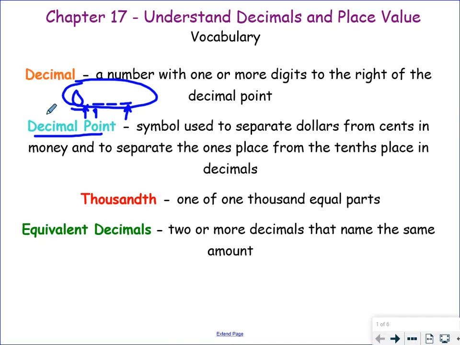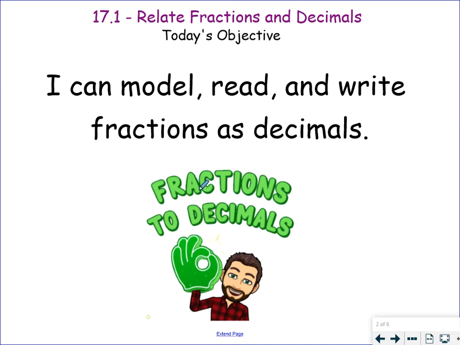Sometimes we don't have a full whole number, and we'll have a decimal over here to express that it's part of a whole. Today's objective is: I can model, read, and write fractions as decimals. We're converting fractions to decimals or decimals to fractions. It's going to be pretty easy if you just listen to what you're saying.